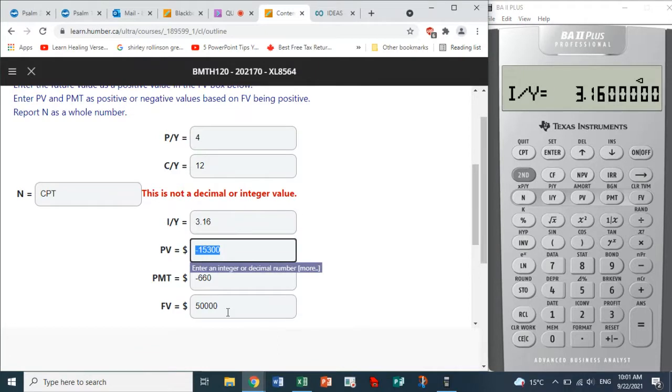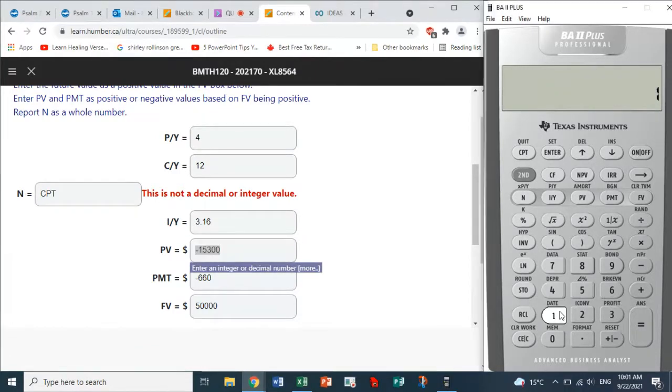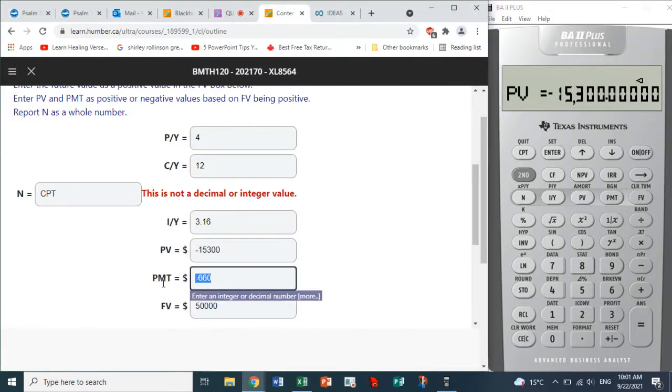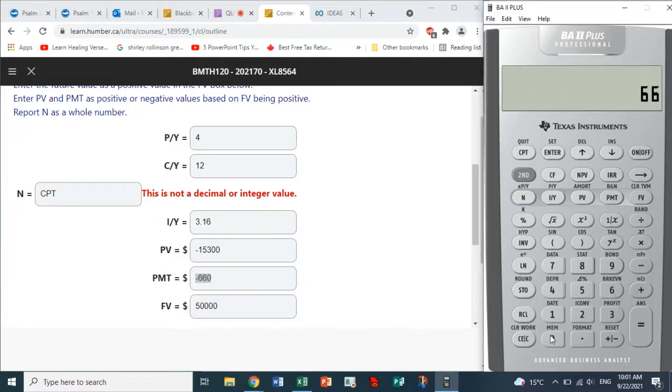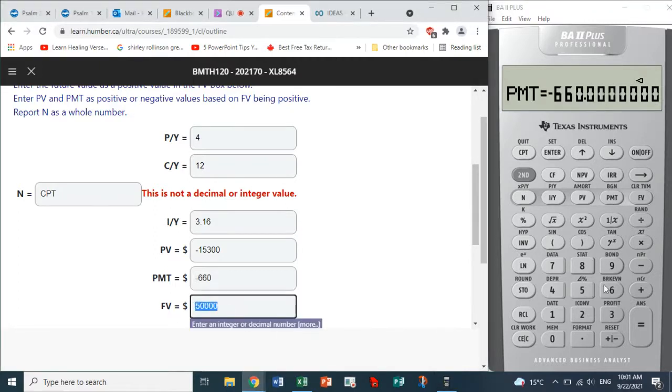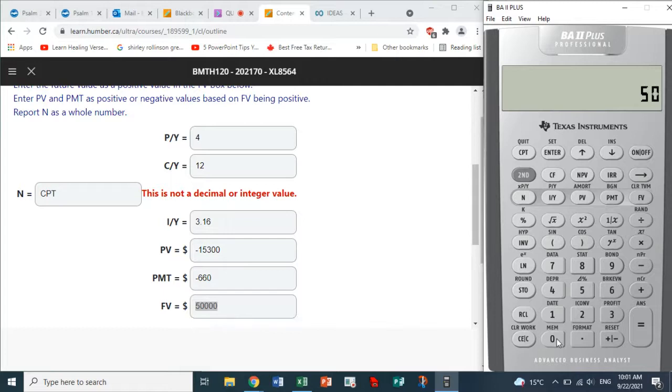Present value is negative 15,300, and that is the present value. Payment is negative 660. All right, future value is 50,000, and we put that into the future value.